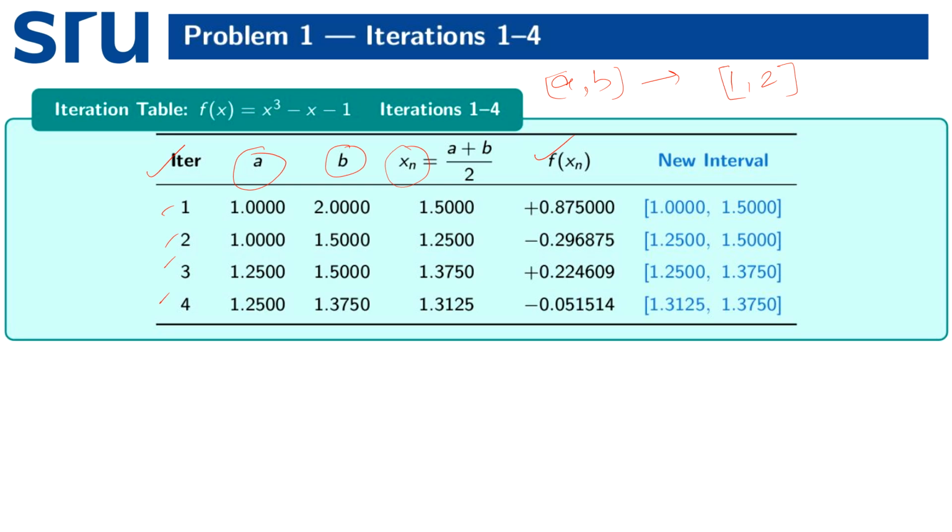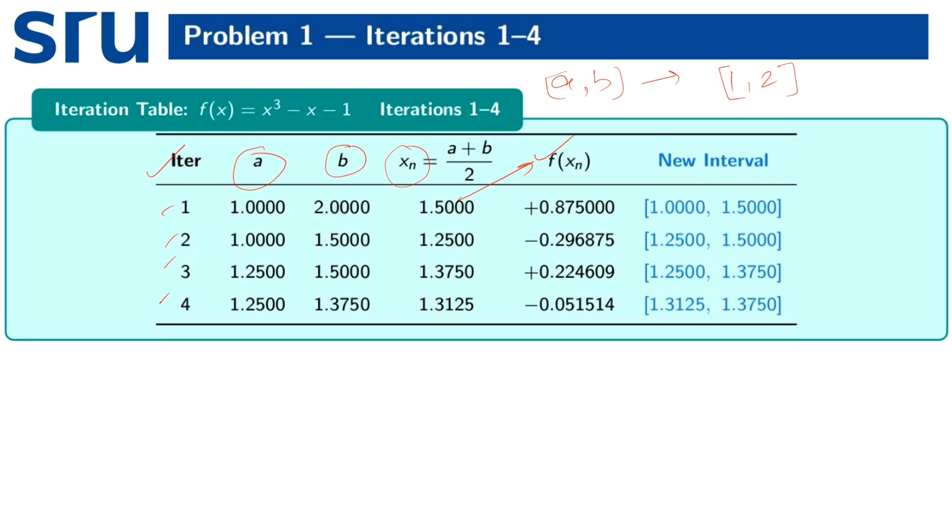Okay, so first of all we'll apply the value of a, b. We are going to find out the value of the function at the first middle point. So it will be 0.875, which is positive.